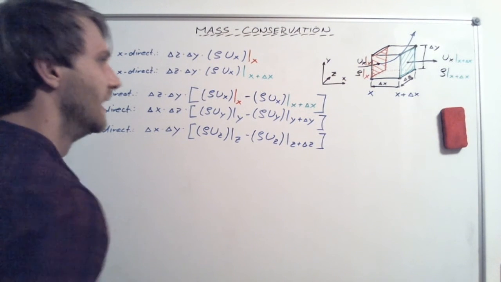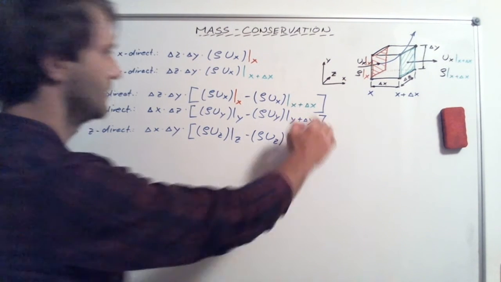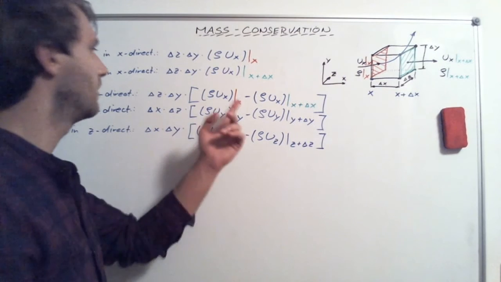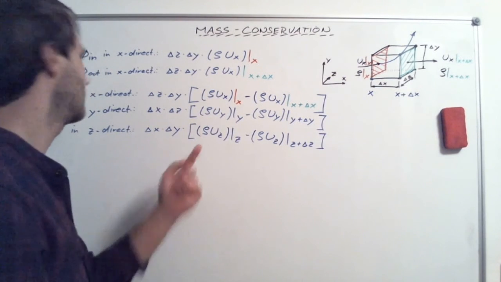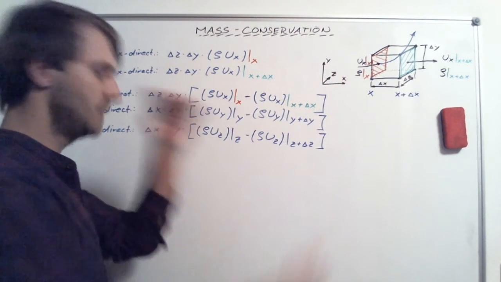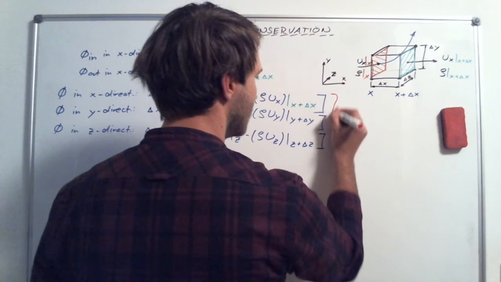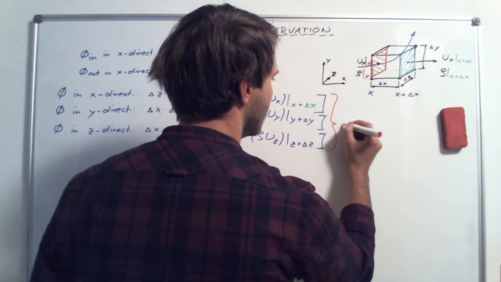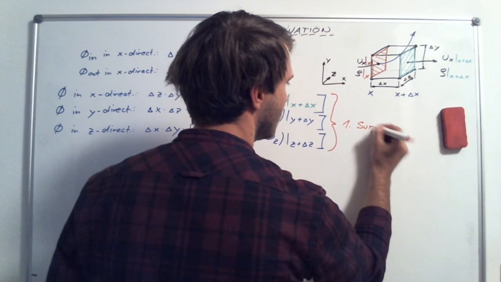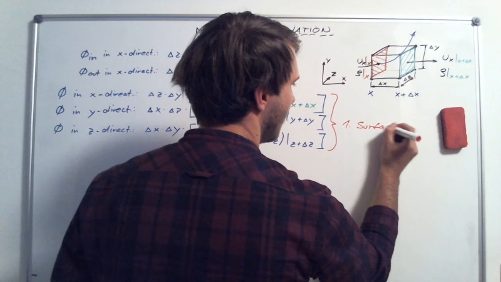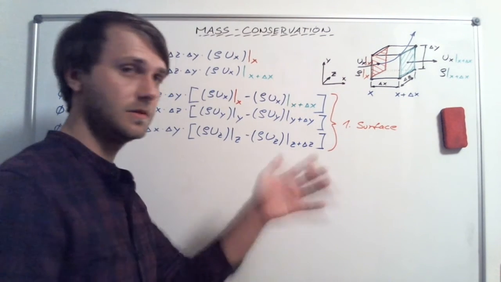Yeah, and this here is the flux which is going in and out in x direction, y direction and z direction. So finally it's the balance, and this is the surface mass which is entering the surface.